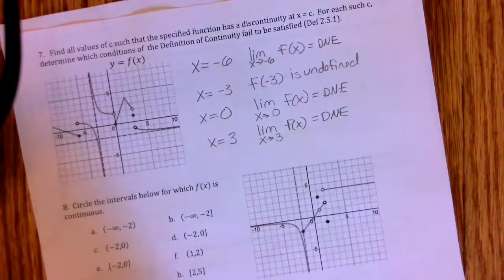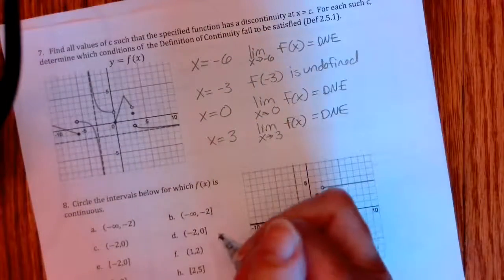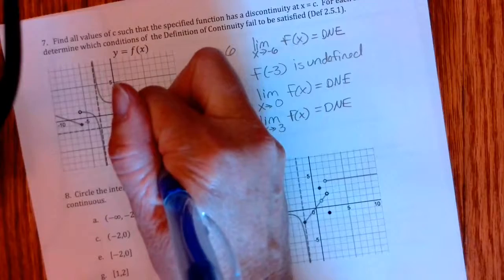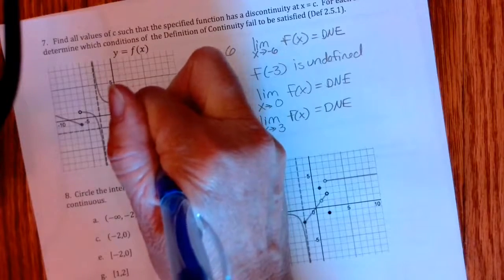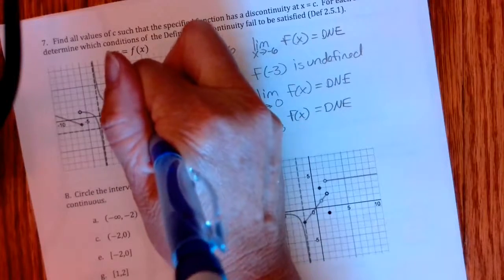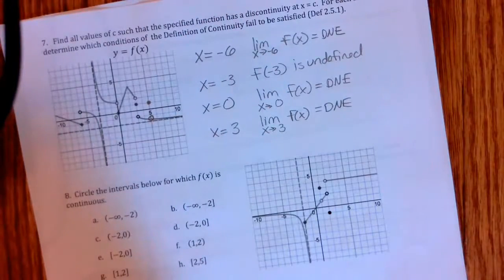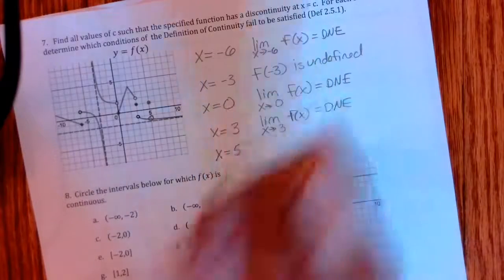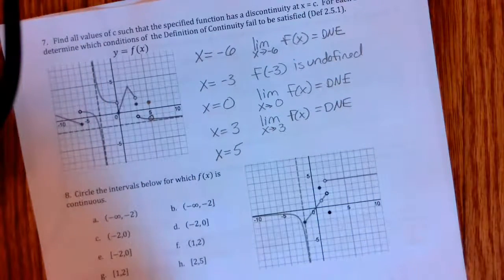I'm going to add in another one because I want to illustrate what happens when you have a removable discontinuity. So I'm going to put an open circle here. Please add that to your graph. And then put a point up here at 5, 1. I would say then that I have another discontinuity at x equaling 5.